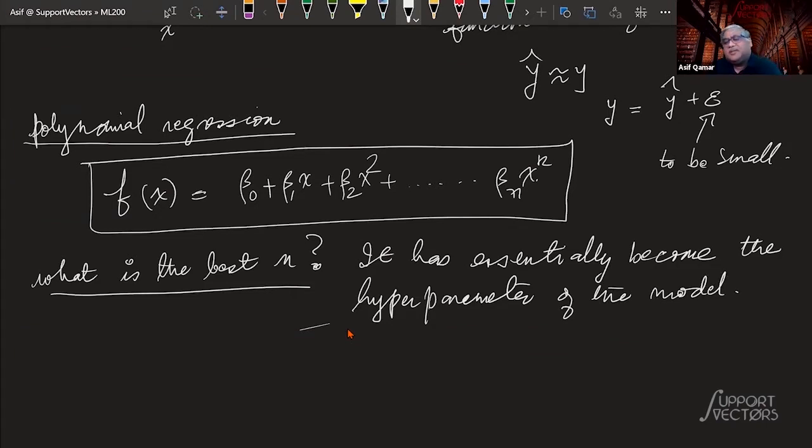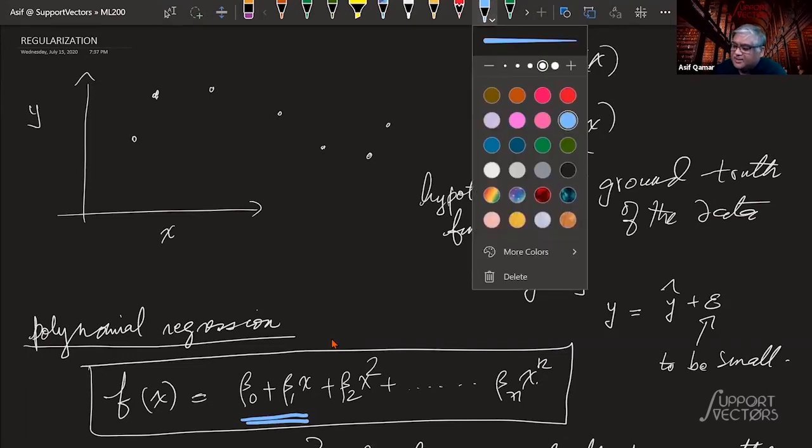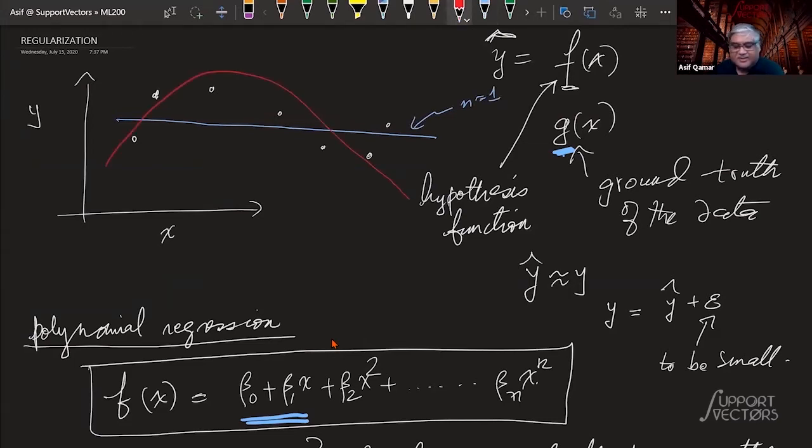But one of the questions you can ask is, let's see if there is a shortcut through this. If I take n is equal to 1, what will this look like? In simple terms, what would you call that? A straight line. For n is equal to 1, it is the straight line. For n is equal to 2, it would be some parabolic curve.